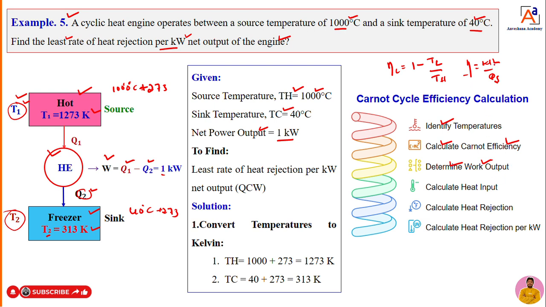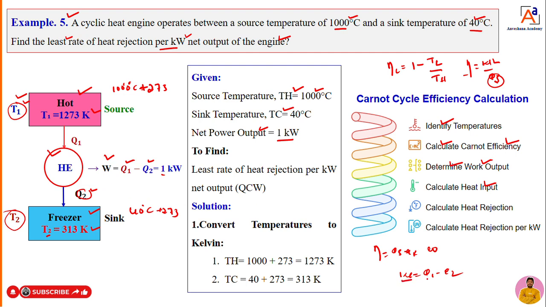Once you know the value of work done, you can calculate Q supplied also; I will tell how. Once you know the work done and heat supplied, you can calculate the heat rejection. We already know W is equal to Q1 minus Q2.